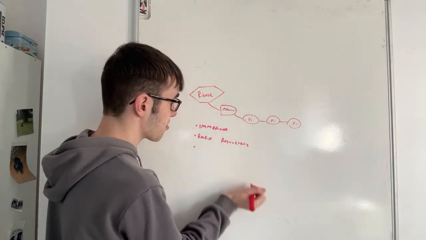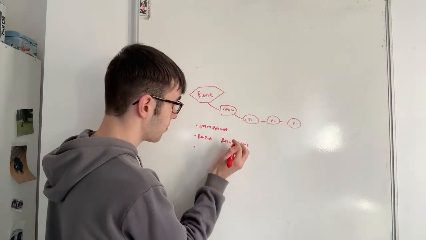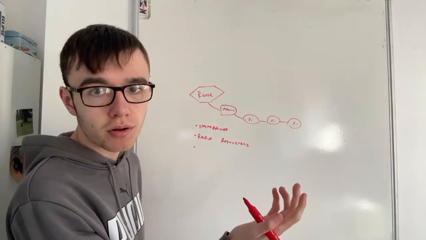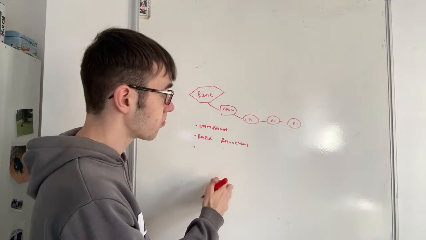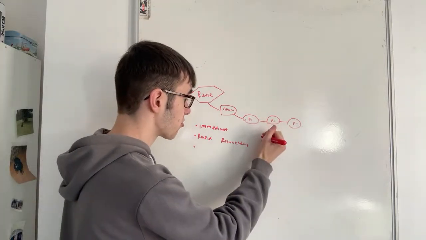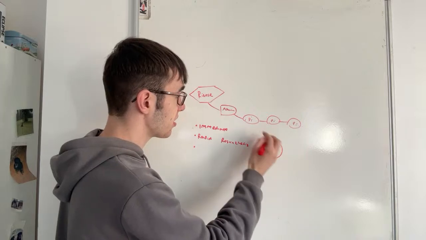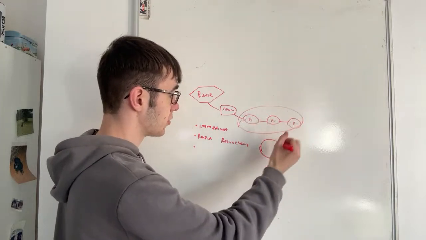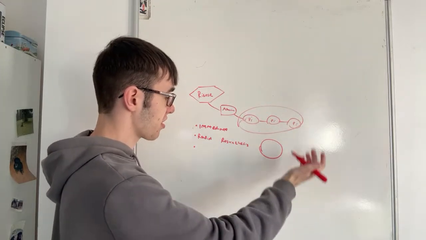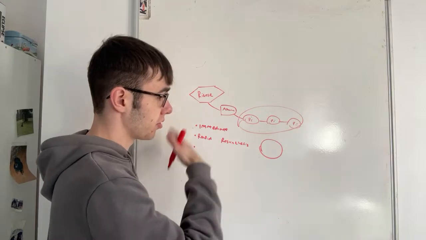One idea is that not all of the energy is released at once, which basically allows you to not kill the cell, because if you release all of this energy at once, it's going to cause thermal death of the cell. Not all the energy is released at once.